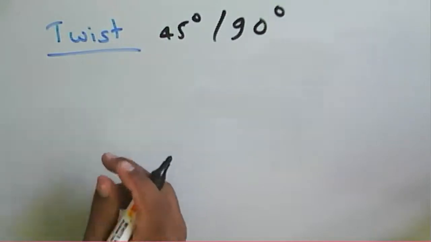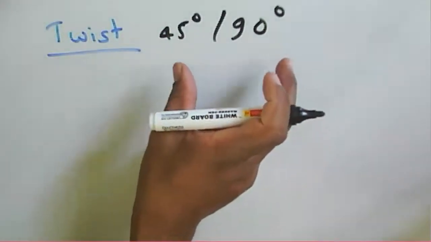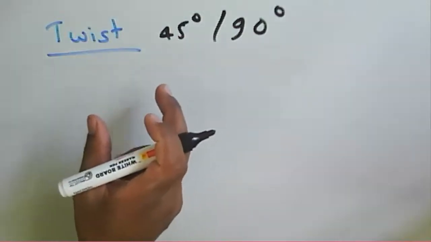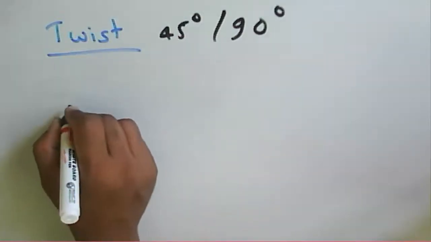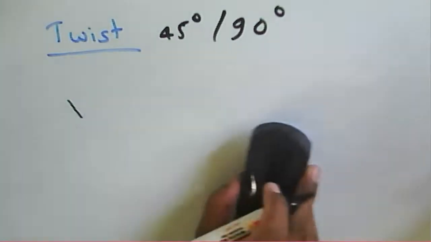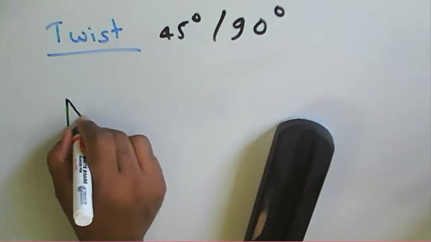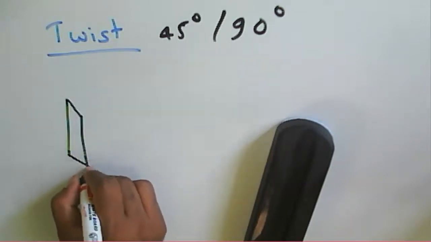That twist depends upon the wavelength of the guide. So we can say it can be a 45-degree twist or a 90-degree twist.